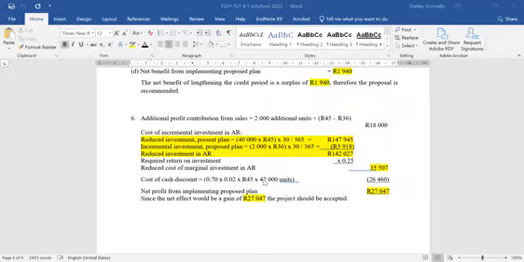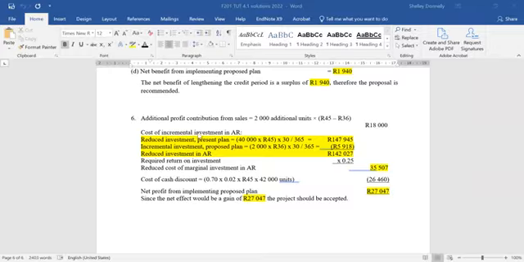So 2% of that was going to be the cost, taken up by 70% of their customers. So it was only going to apply to 70% of their sales that they would have to give away 2% off the purchase price. So the cost of the discount was 26,460.